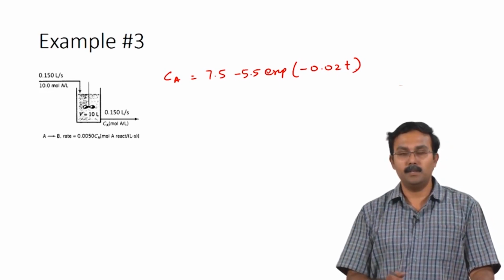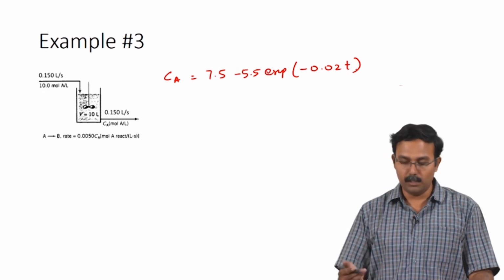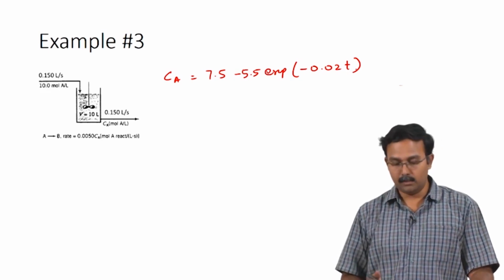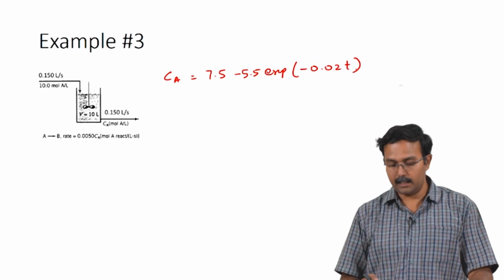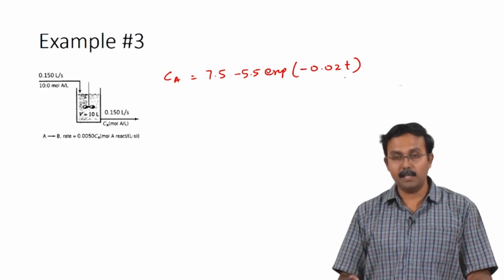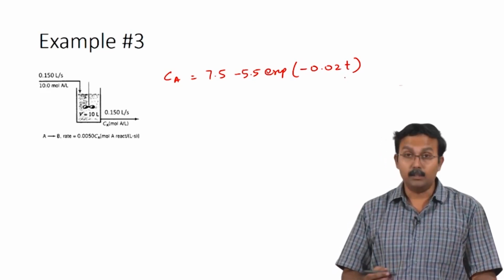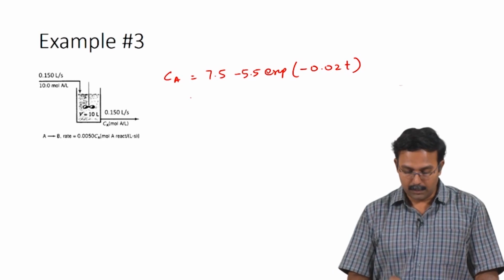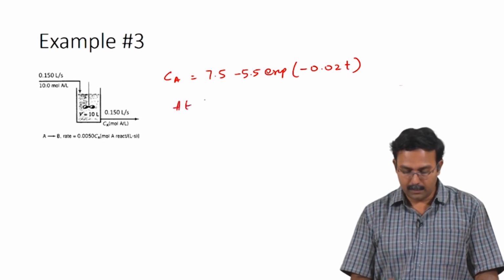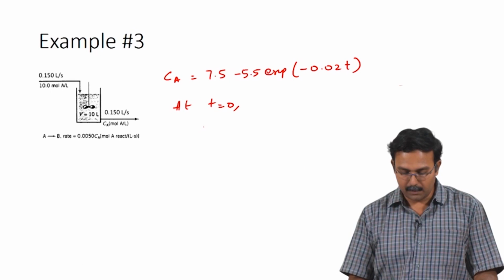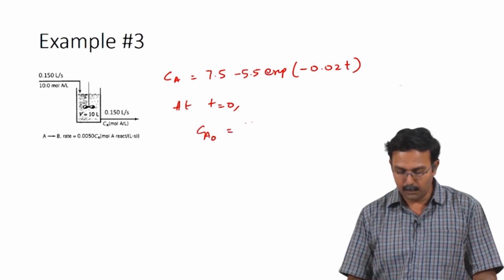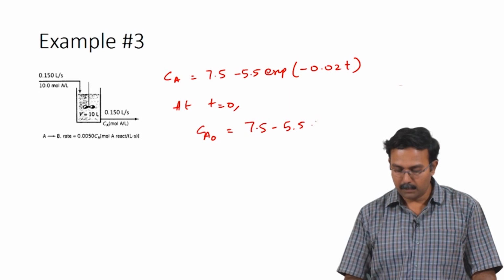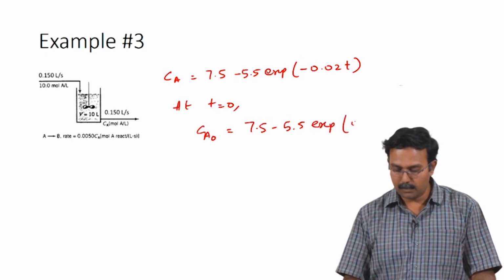All we need to do is differentiate this equation or substitute the initial condition. So, let us try substituting the initial condition. The initial condition was at time t equals 0, Ca was 2. At t equals 0, what would happen? You would have Ca naught equal to 7.5 minus 5.5 times exponential of 0.